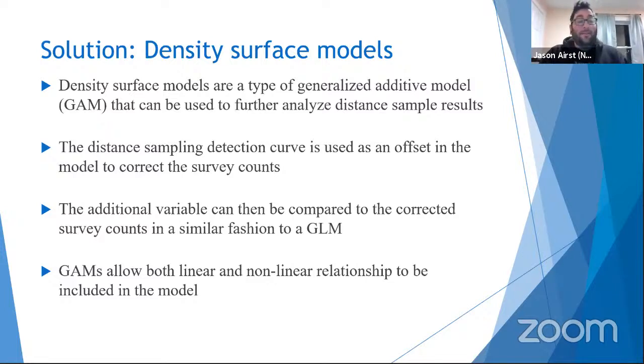These nonlinear relationships are looked at by using a penalization formula, where if something is important, it will penalize the model accordingly to correct for this issue of nonlinearity in the underlying data.